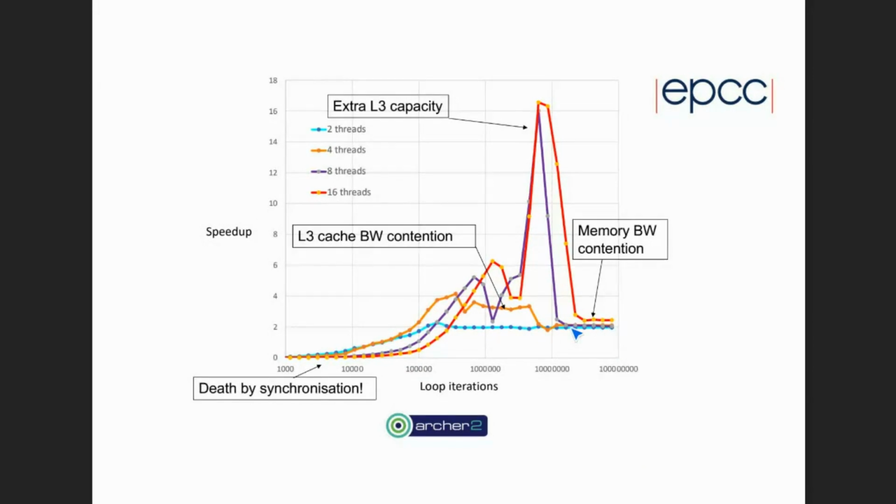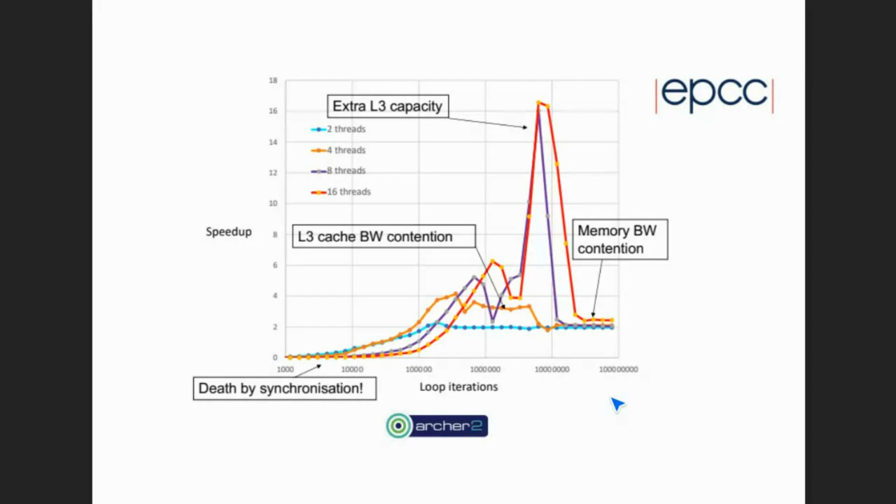Anyway, you can see that this architecture is particularly bad, in the sense that about two threads is enough to saturate the entire memory bandwidth for the full NUMA region, and adding more threads when you're contending for memory bandwidth gets you very little additional performance. That's pretty sad.